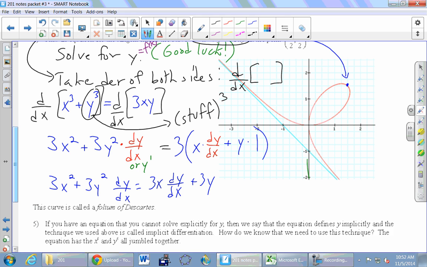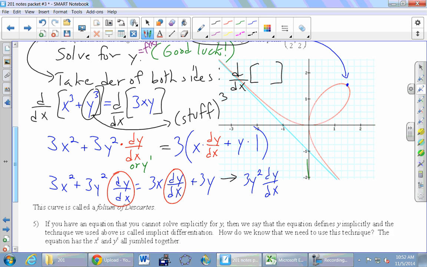Okay, again, the goal is to solve for dy dx, which still appears in 2 different places. So the basic algebra technique here is to get everything with a dy dx onto one side and everything without onto the other. And if it's not clear why we're doing that, it will become clear in the very next step. So I'm going to shove all the dy dx's to the left. So I'll keep the one that's already there, 3y squared dy dx.